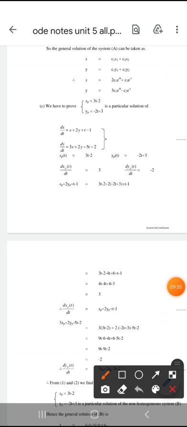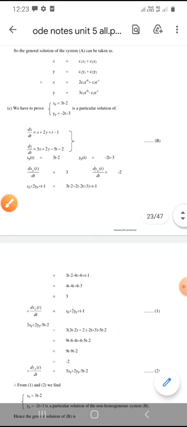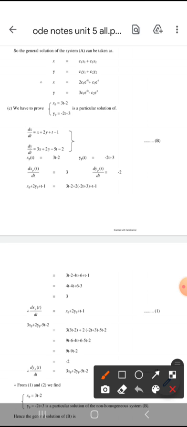We have to prove xp = 3t - 2, yp = -2t + 3 is a particular solution of dx/dt = x + 2y + t - 1, dy/dt = 3x + 2y - 5t - 2. We take it as equation B.